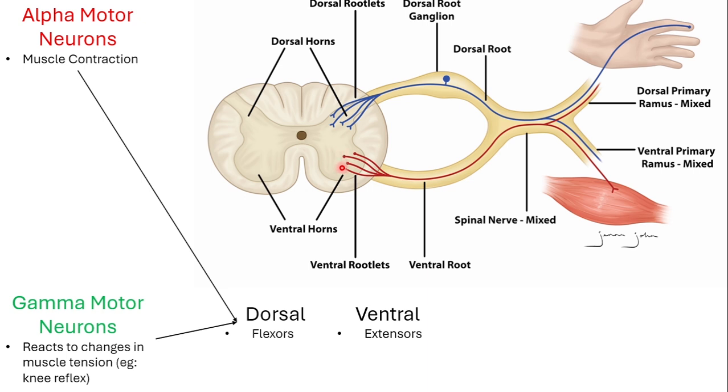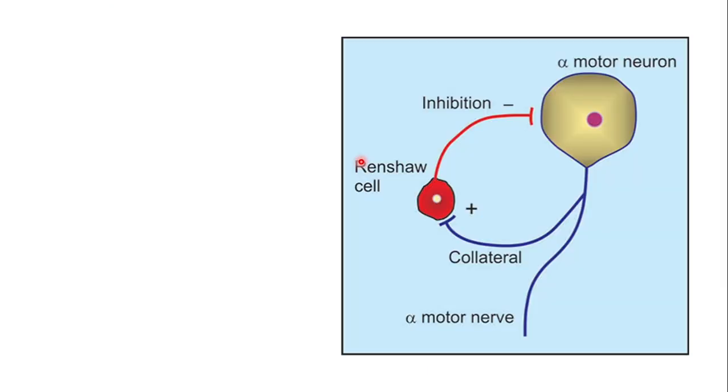And the ventral motor neurons here are responsible for innervating the extensor muscles, such as the triceps, if we're talking about the upper limb. And the motor neurons in the medial side are responsible for innervating the proximal structures of our body. And on the lateral side, the motor neurons are responsible for innervating the distal structures of our body.